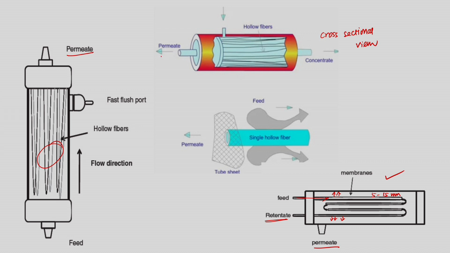This is where the permeate gets collected, and this is where the concentrate gets collected. This is the single hollow fiber. The feed is in tangential flow, your permeate gets into the fiber and is collected, and this is nothing but a tube sheet, and the concentrate will be taken out.